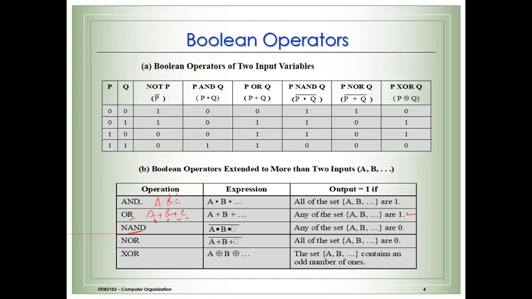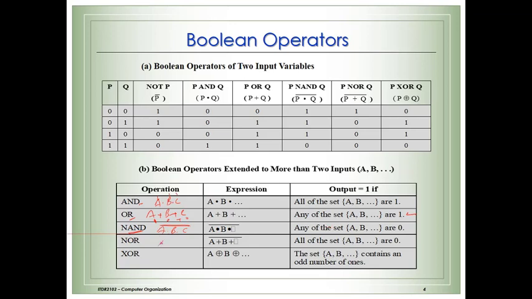NAND says that if any of the set are 0, meaning at least one value is 0, then this AND will give you 0, and whenever you take its NOT, or invert that value, you will get the result 1.